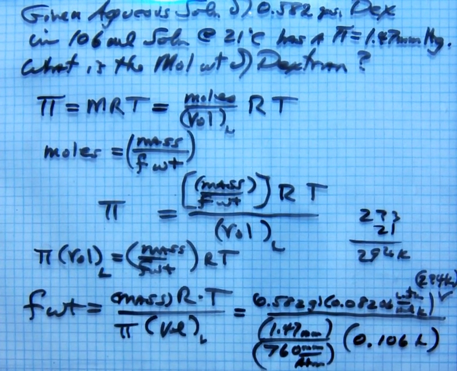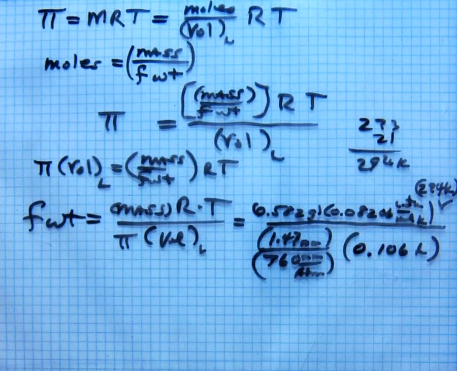I know it sounds kind of busy, but it's really not. All you're going to have to deal with is this equation, MRT over pi times volume. So the data should fit this, but remember, I'm going to give you the pressure in millimeters, so don't forget to divide right here by 760, okay? R value, it'll be 0.08206.